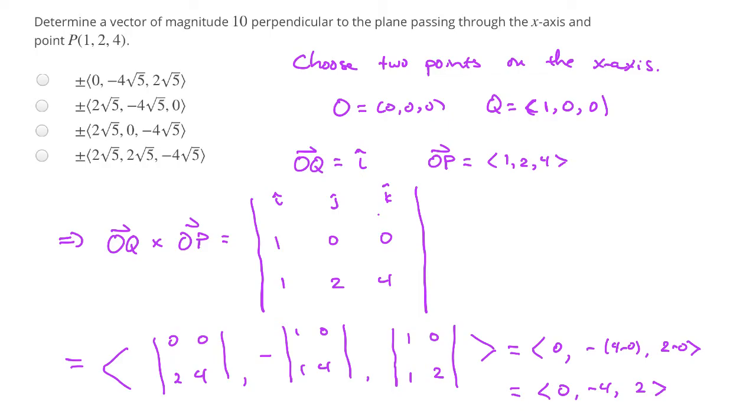Now, if we want a vector with magnitude 10, in either this direction or the negative direction, since all we care about is that it is perpendicular, the idea is to normalize our vector and then scale it to the magnitude which we want.